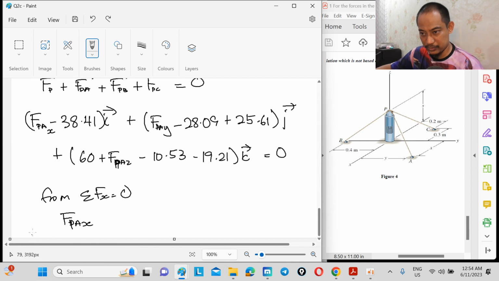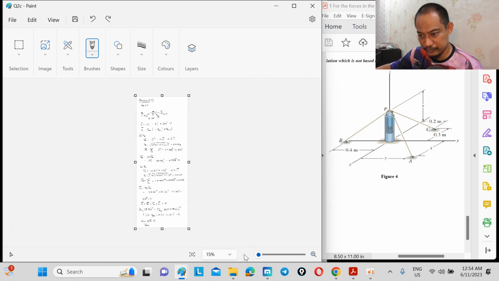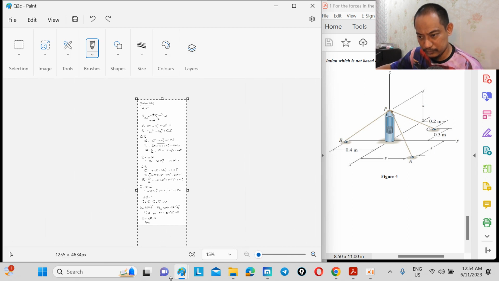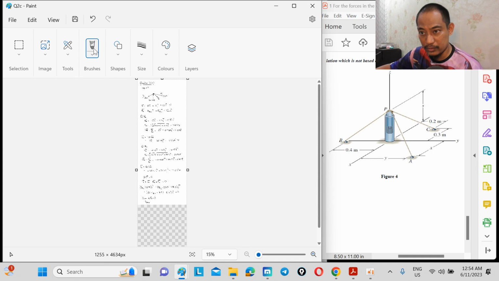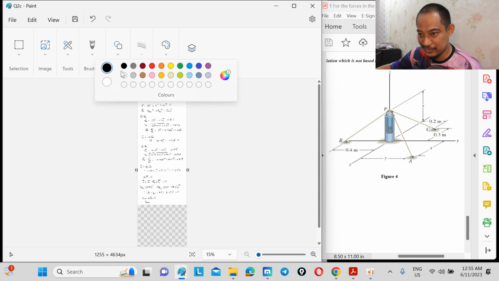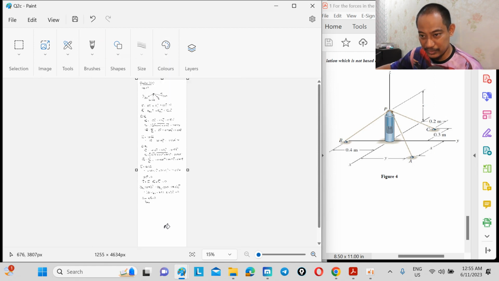Where's my mouse? Oh, it's already at the bottom. This is also taking time. In reality, it will not be this way. Anyway.